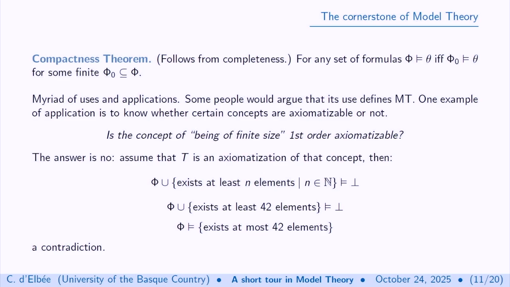And why is that so? Because the completeness theorem tells you that this is equivalent to there being a proof of this from this. And the proof is by definition a finite object.